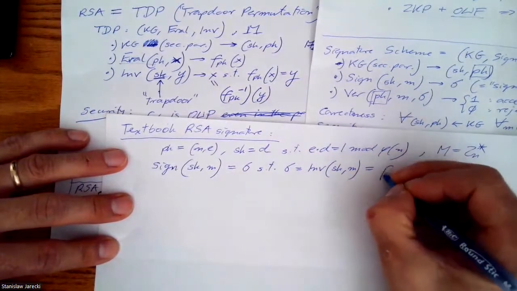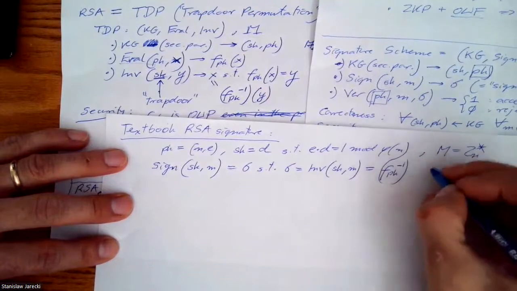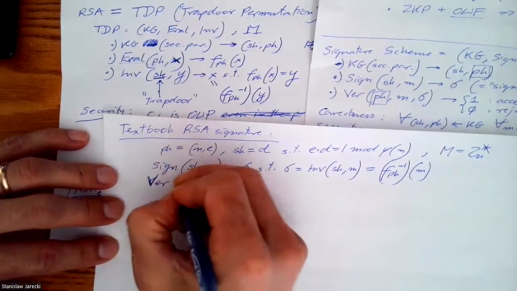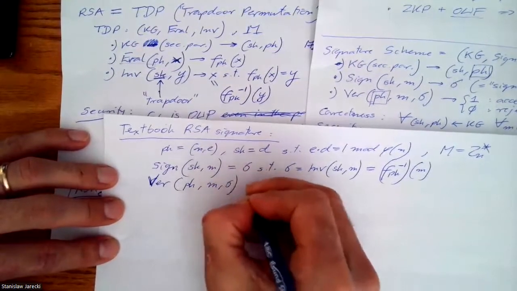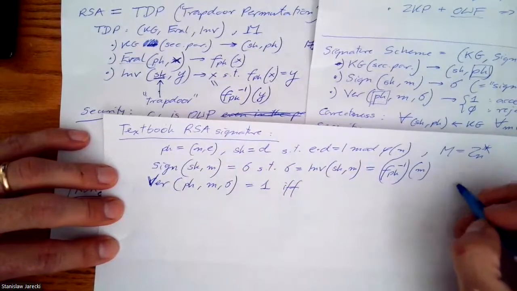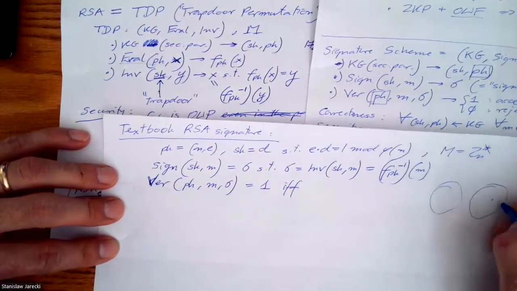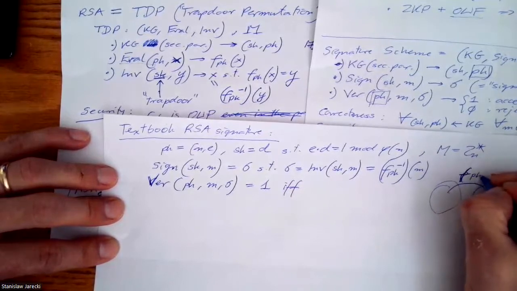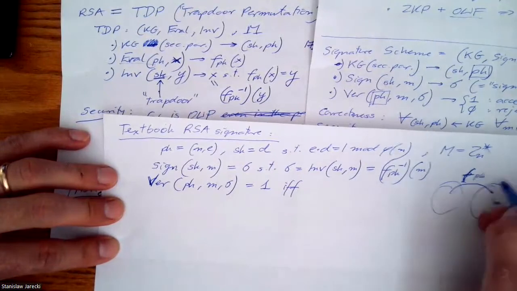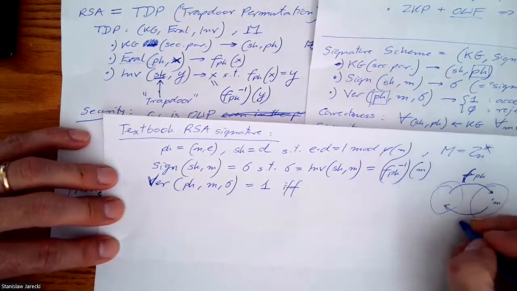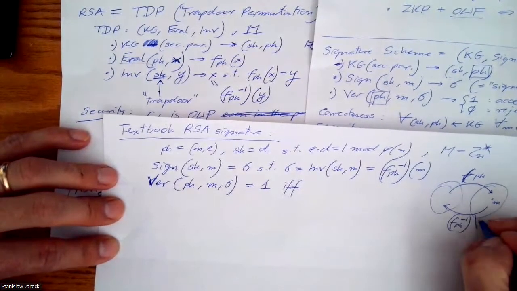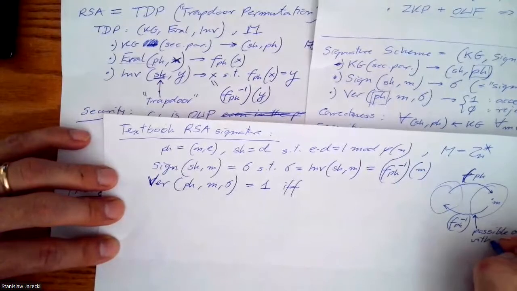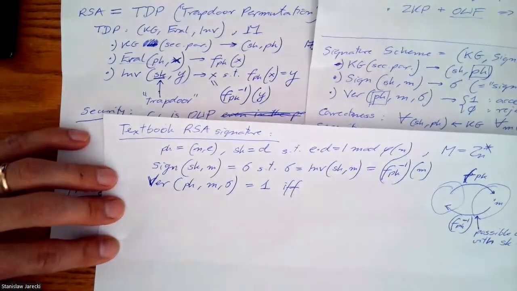In other words, I computed the function inverse applied to point M. Given a public key, everybody can compute this function forward, but this inversion, F_PK inverse, is possible only with the trapdoor secret key.